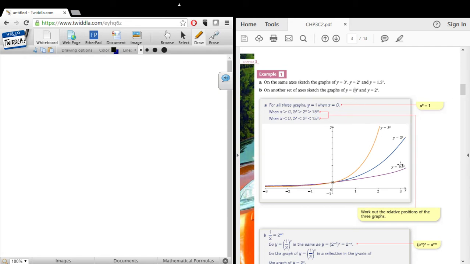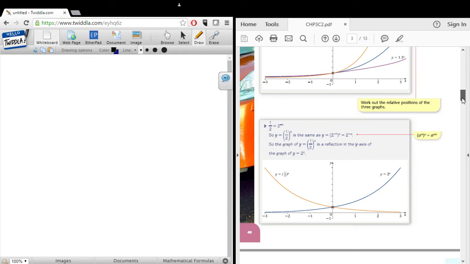So you have 1.5 here, which is a subtle slope, but seems to be tending towards infinity and growing. Again, 2 to the power of x, you can see that there's a difference, and it's growing at a faster rate. And then you have 3 to the power of x, once again proving that the larger the number, it's evident, if you square 2 and you square 5, the result will be much larger.